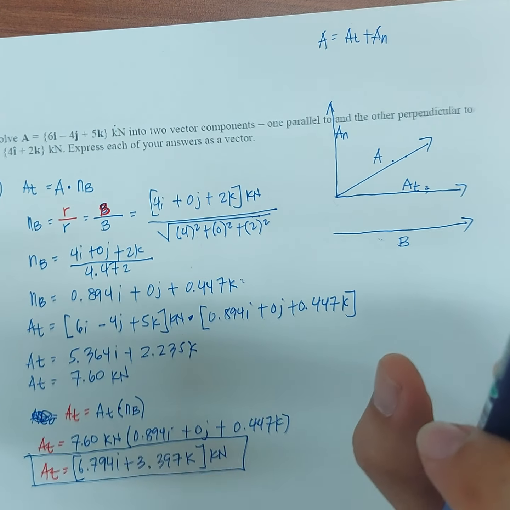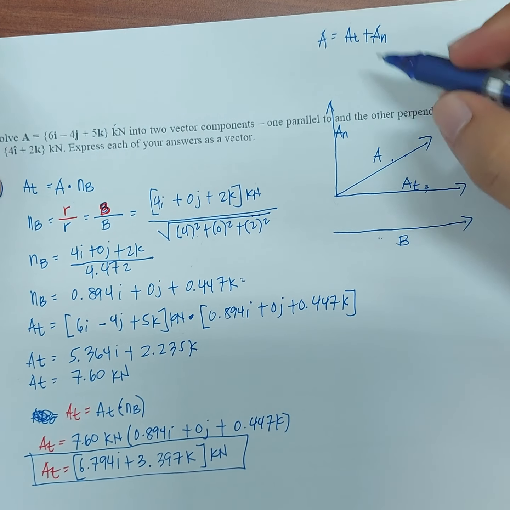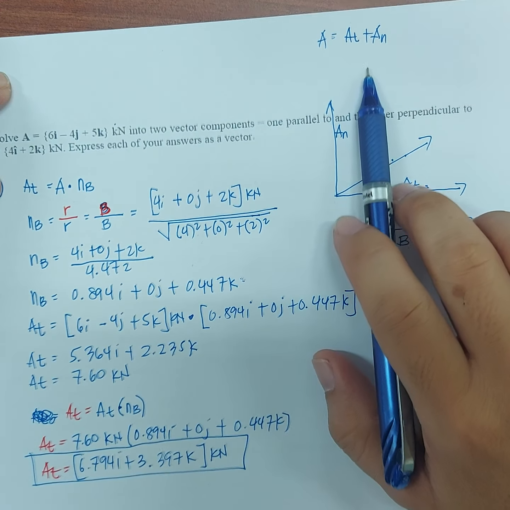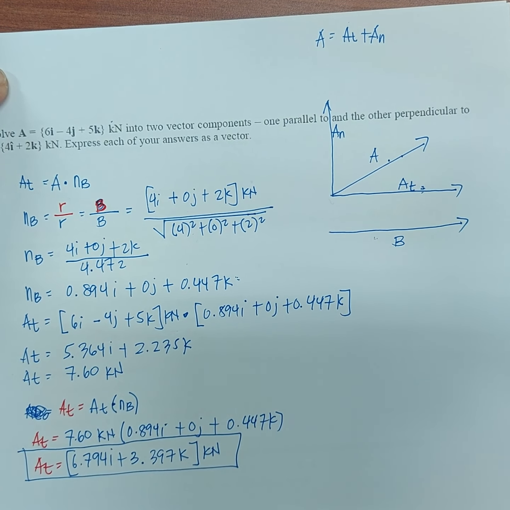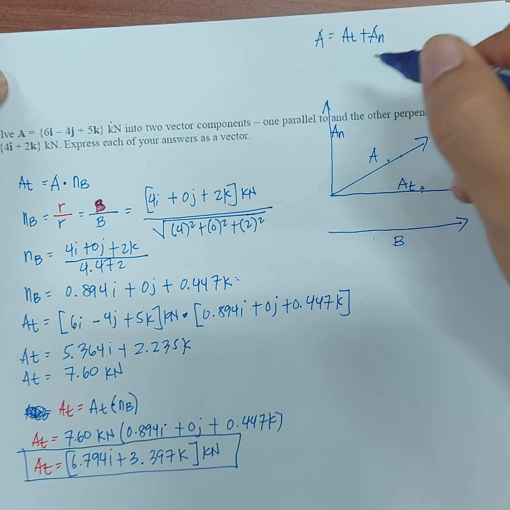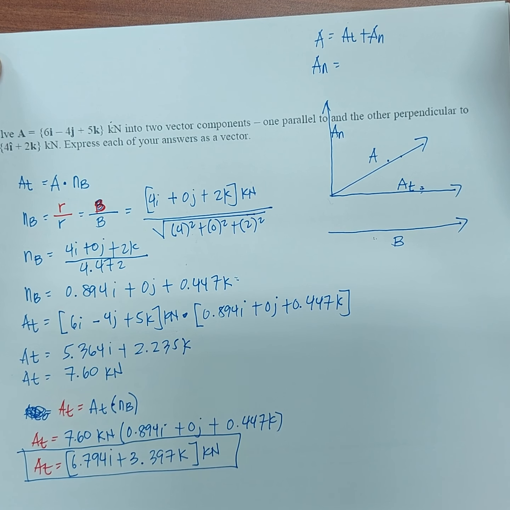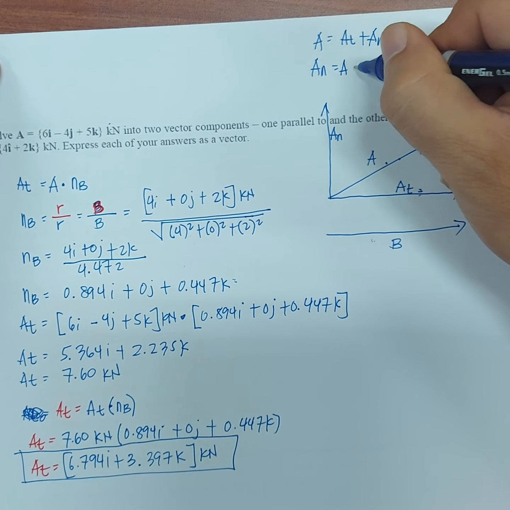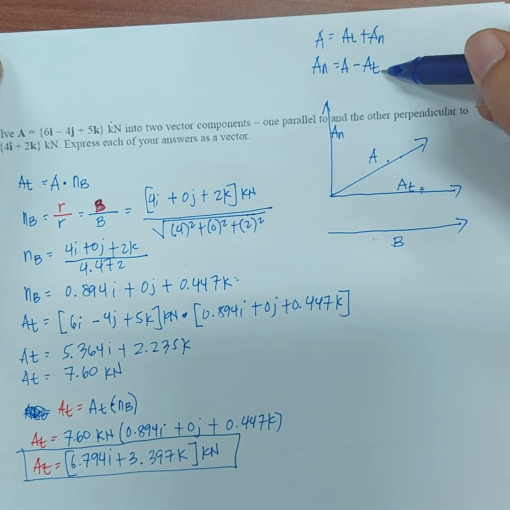So how then can we solve for our force that is perpendicular to AT, our AN? We just need to manipulate our equation, A is equal to AT plus AN. To solve for AN, we just transpose, so that should be equal to A minus AT.